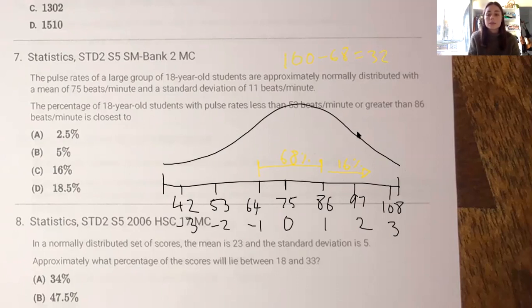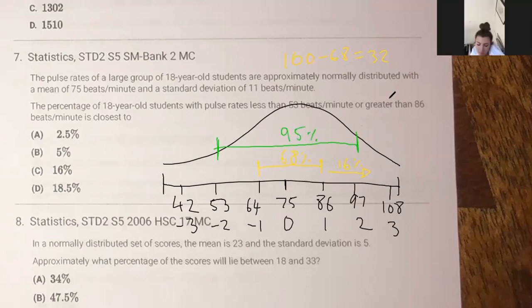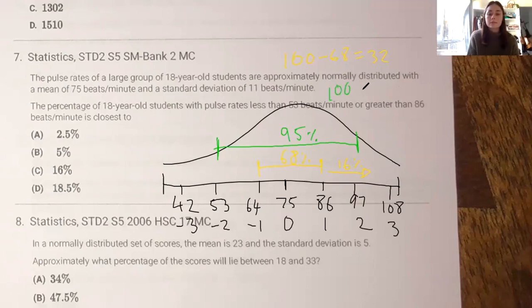And then we'll do the same thing for the -2 section. So between 2 and -2 is 95% of data, and so leftover is 5%. And then half of 5% would be on either side. So below 53 would be 2.5, and above 53 would be 2.5.